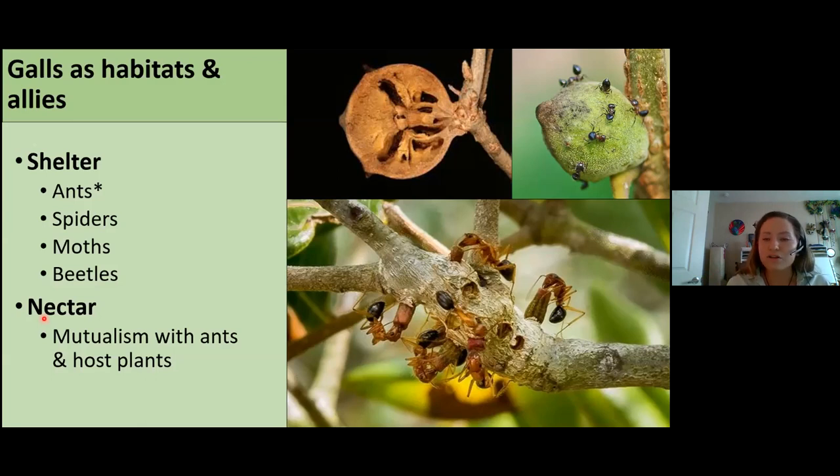When a gall attracts these ants, those ants not only benefit the gall by keeping predators away from the gall, but the ant will actually also keep herbivores away from the tree itself. And so the trees can actually benefit from this relationship as well. And so it's a very, very interesting three-way mutualistic relationship between these species. Very, very cool.